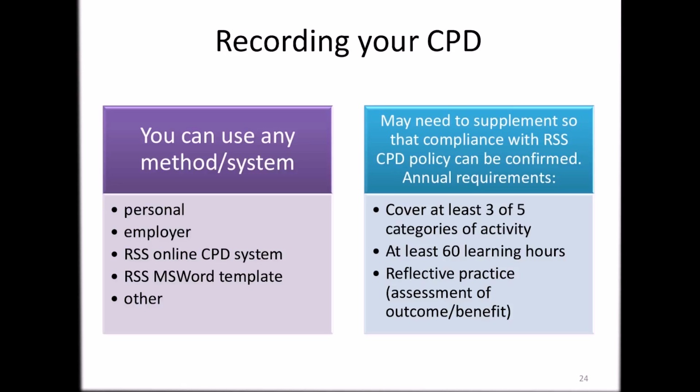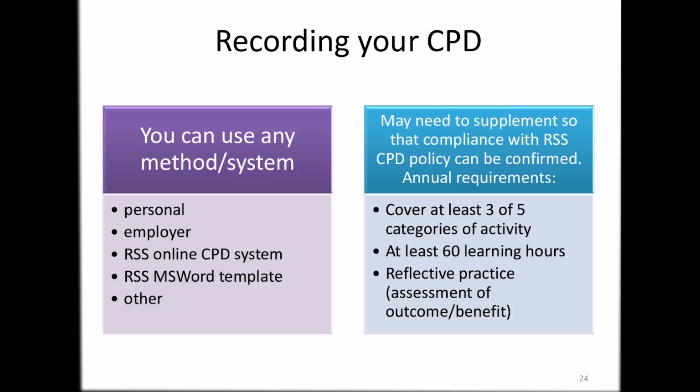The RSS do provide 2 approaches. One is the online CPD system, which can be accessed through My RSS or through the CPD web page on the website. And there is also an MS Word template that many people use as well, that's also provided on the website, and I'll give you the web address for that in a later slide.